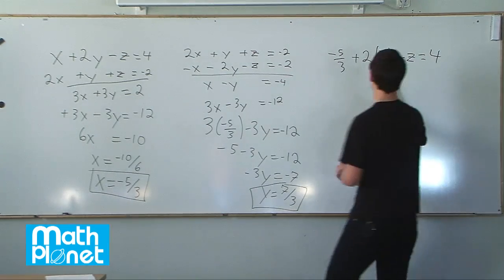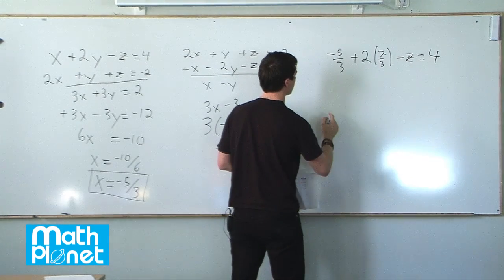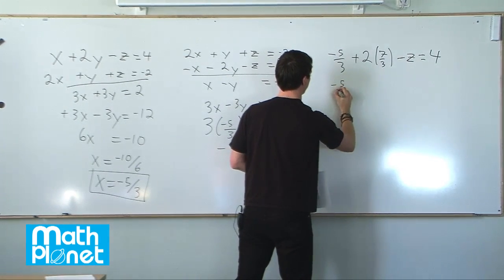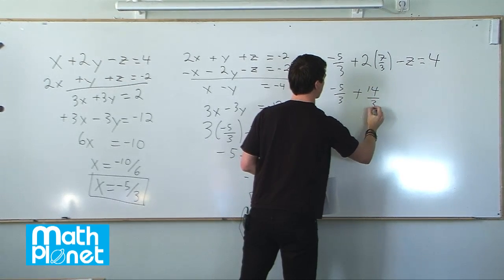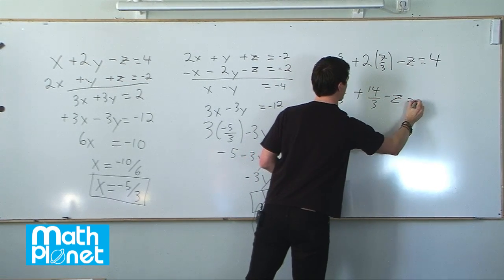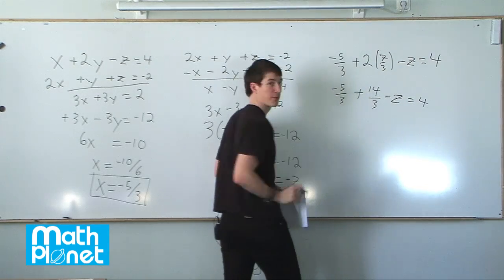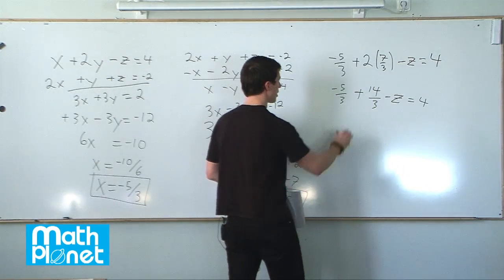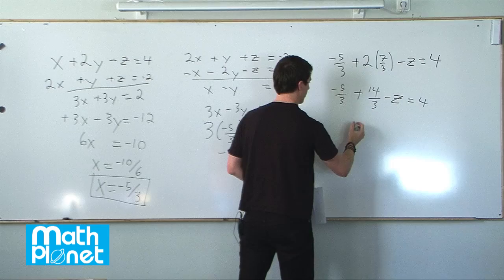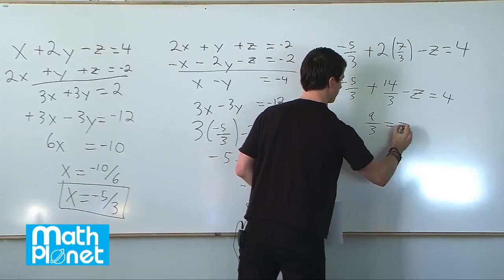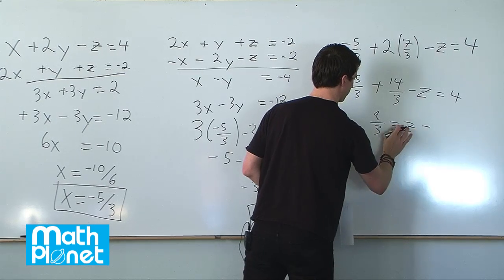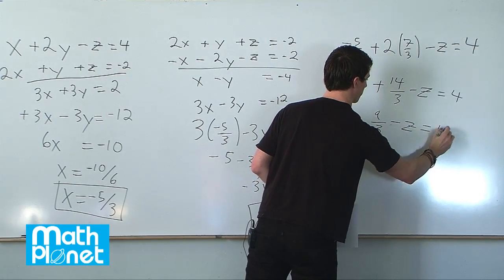So if we are able to expand this a little bit, we can just say negative 5/3 plus 14 over 3 minus z equals 4. These have the same common denominator already, which is good. So 14 minus 5, that just gives us 9/3 minus z equals 4.